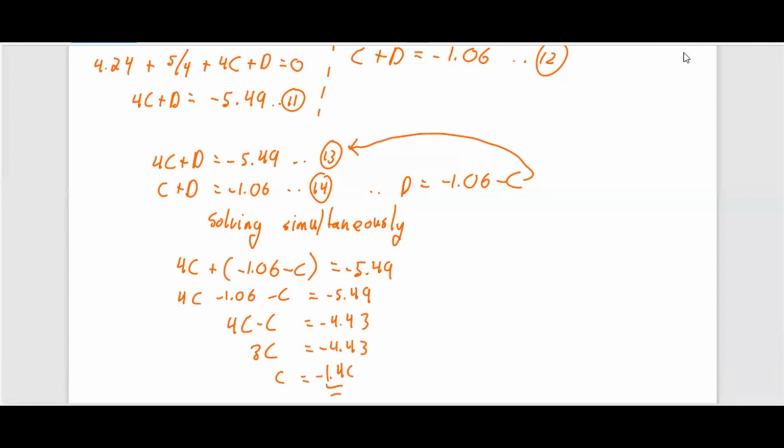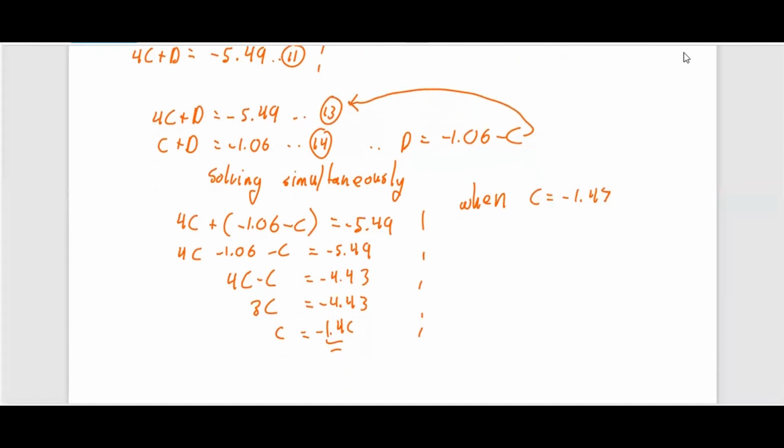All right, so now that we have C, we can just plug it into this equation, into 14. So when C is equal to minus 1.47, all right, plug it into 14.